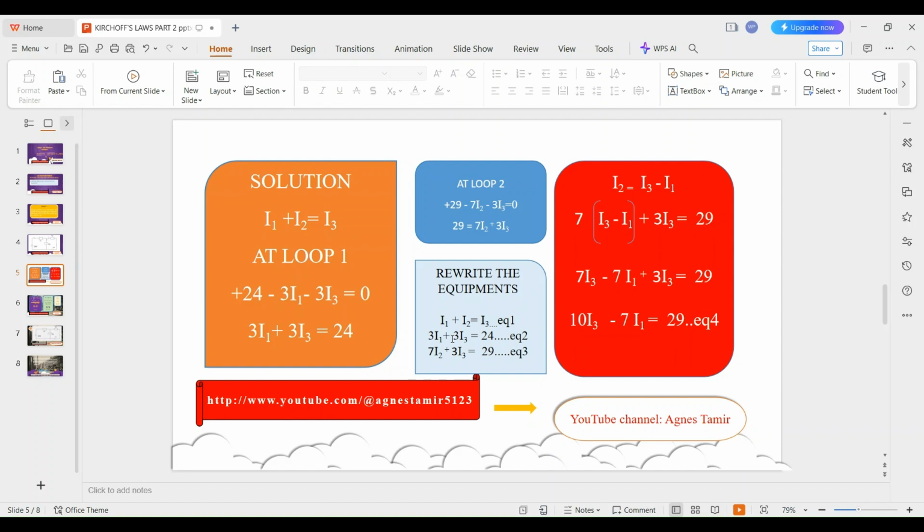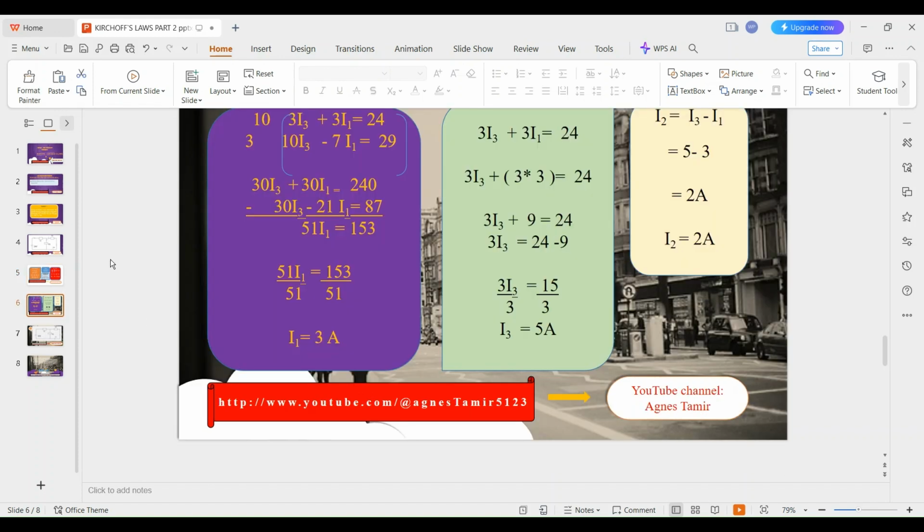Now let's use either substitution method or elimination method, any method that you're comfortable with, to look for I1 and I3. This is for equation 2 and equation 4. Let's rewrite them. Equation 2 is 3 I3 plus 3 I1 is equal to 24, and equation 4 was 10 I3 minus 7 I1 is equal to 29.